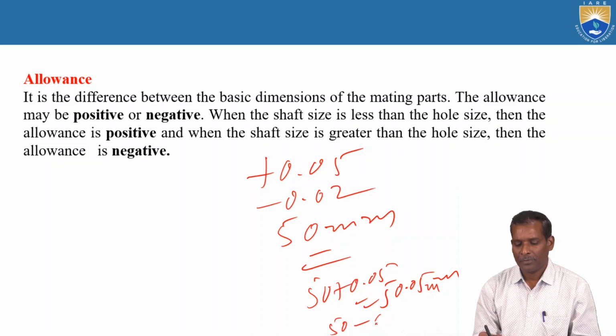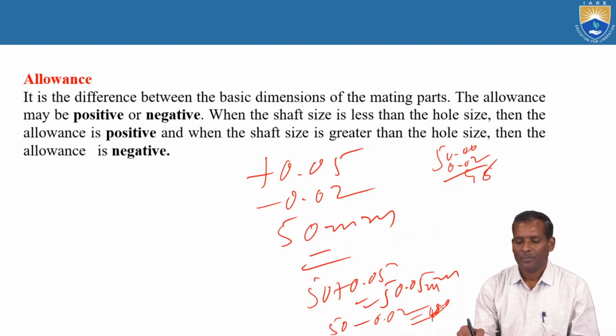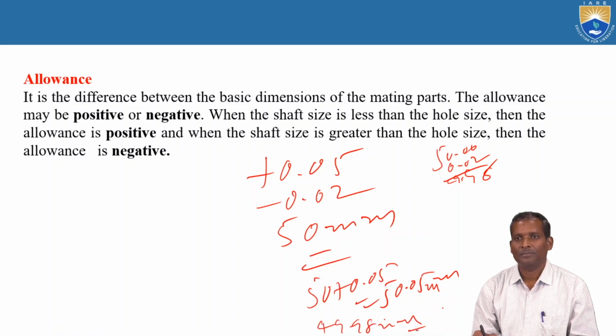The lower one is 50 minus 0.02, so 49.98.